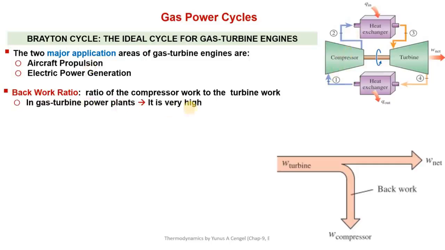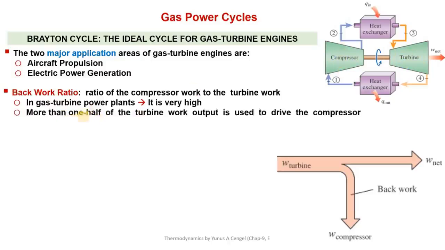So in gas turbine power plants, the back work ratio is very high, because a significant portion of the turbine work is reused to run the compressor. It could be more than half of the turbine work output that is used to drive the compressor. But in steam power plants this was a very small value, a few percent. That's why steam turbines have this huge advantage over the gas power cycle.